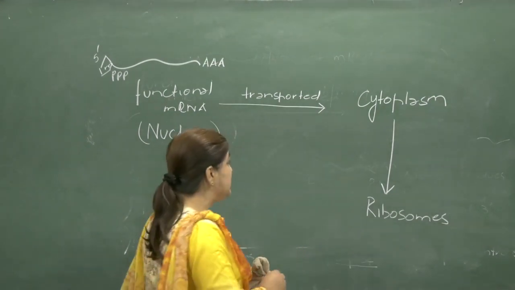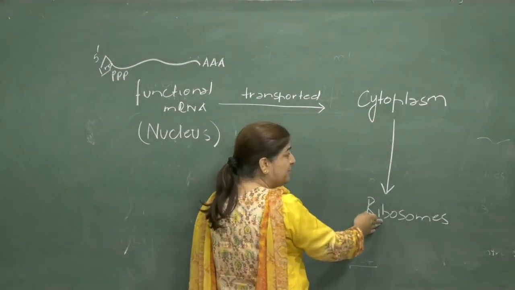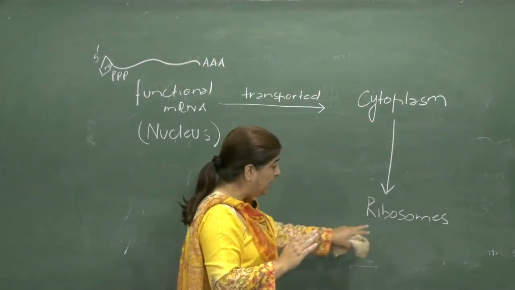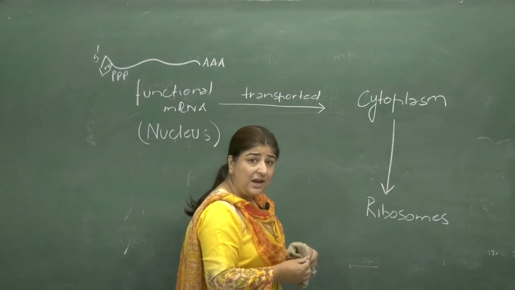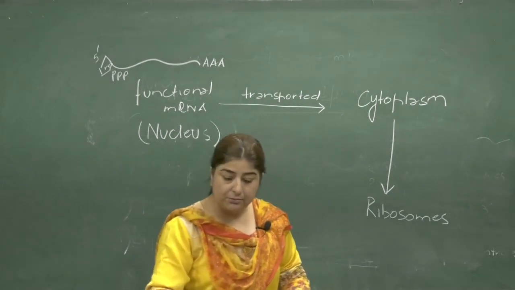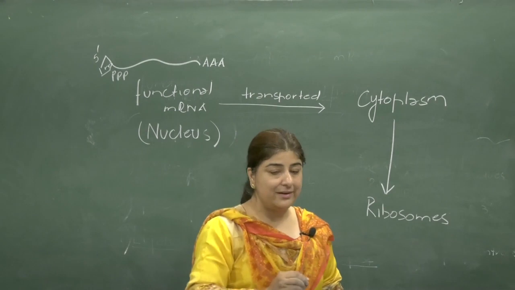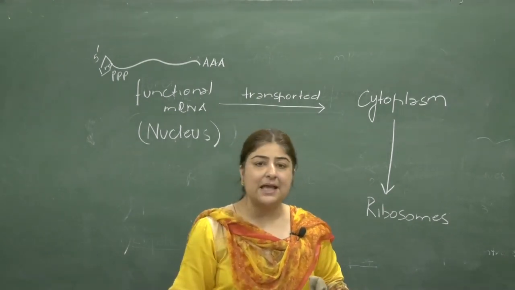So on the ribosomes, you need a helper molecule, or an adapter molecule, that will read the code on this mRNA transcript and synthesize the proteins.